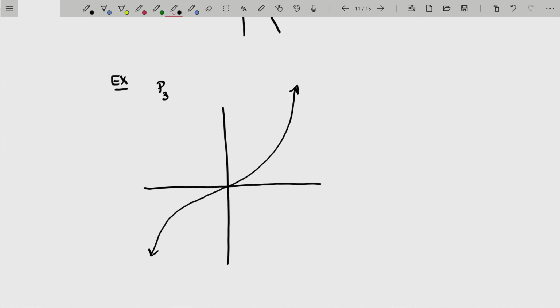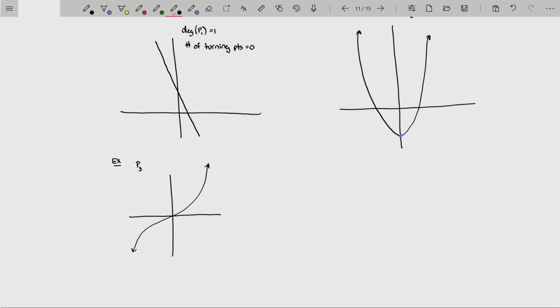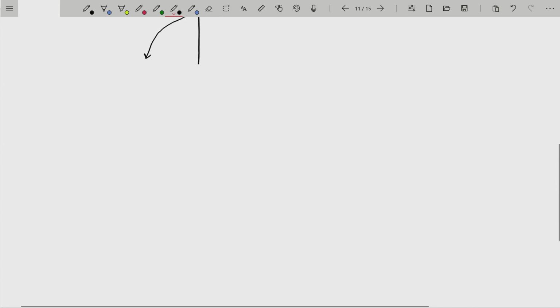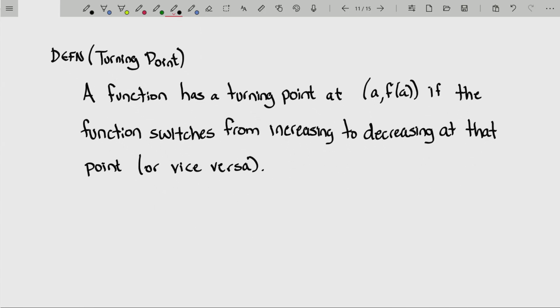I didn't actually define it, but a turning point is a point on a function where it goes from increasing to decreasing or from decreasing to increasing. I might as well just write that down so we have it. So a function, which in this case I'm assuming the name of the function is just f of x, has a turning point at a comma f of a if the function switches from increasing to decreasing at that point, or vice versa.